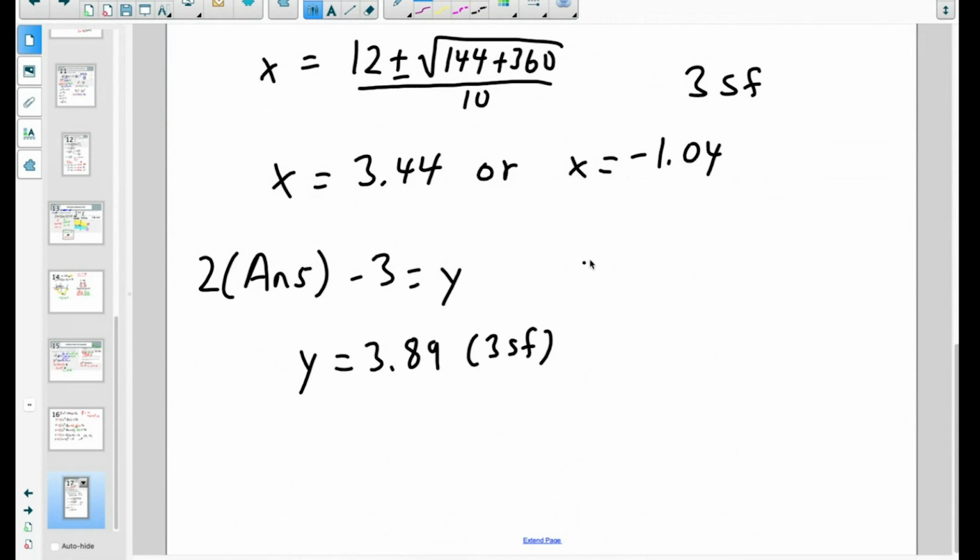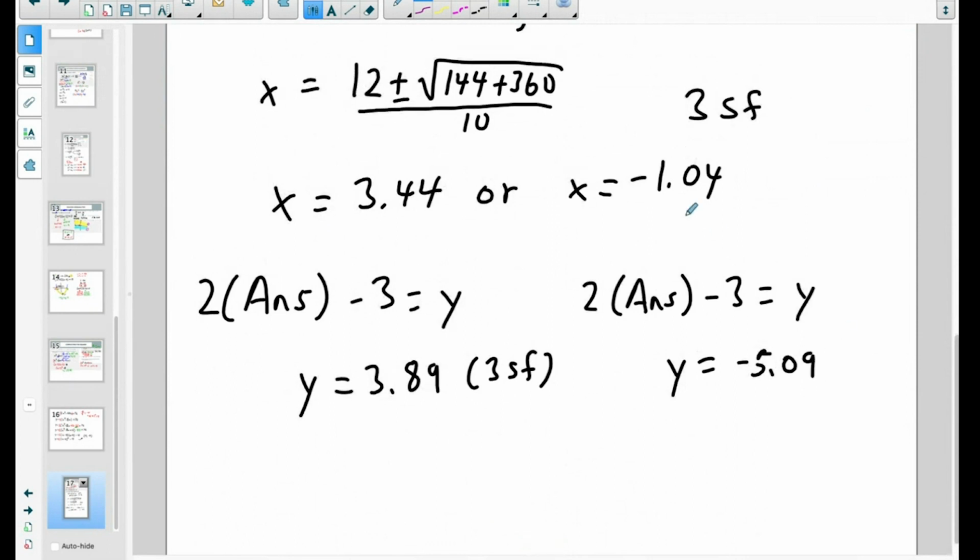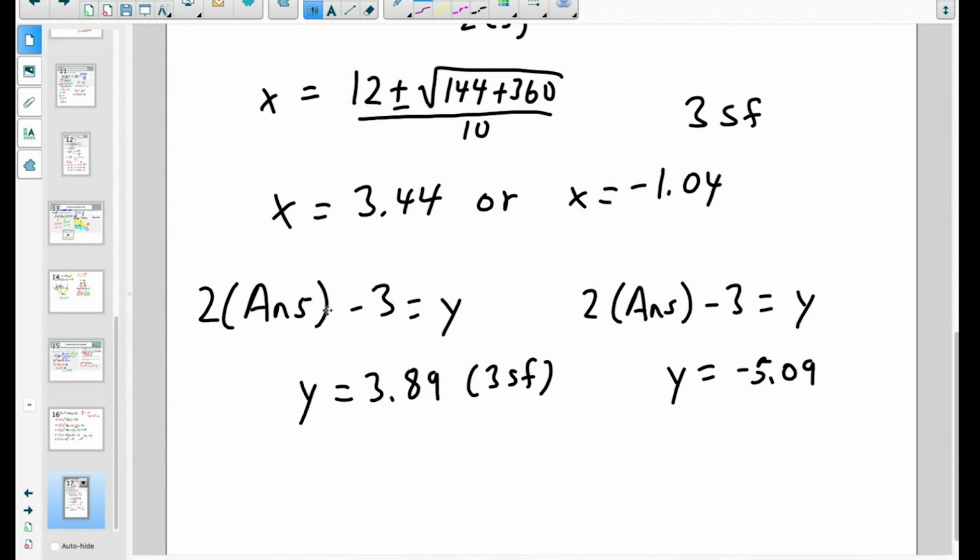And over here, we get 2 times your answer from the second portion, minus 3, is equal to y, and we get y is equal to negative 5.09.